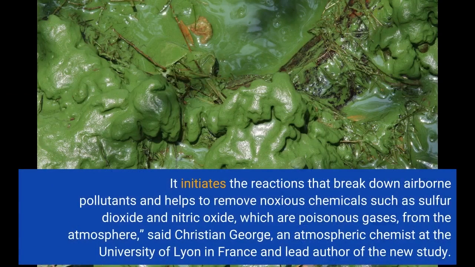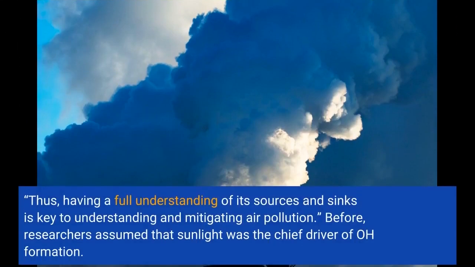It initiates the reactions that break down airborne pollutants and helps to remove noxious chemicals such as sulfur dioxide and nitric oxide, which are poisonous gases, from the atmosphere, said Christian George, an atmospheric chemist at the University of Lyon in France and lead author of the new study. Thus, having a full understanding of its sources and sinks is key to understanding and mitigating air pollution.